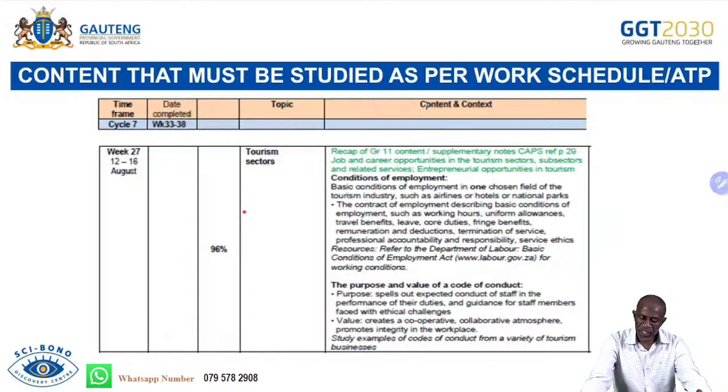We'll also look into the second bullet, the value that creates a cooperative and collaborative atmosphere to promote integrity in the workplace. These are aspects that we'll be focusing on this afternoon.